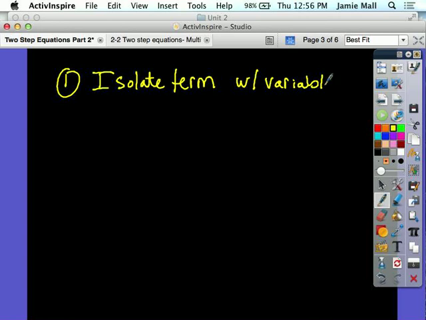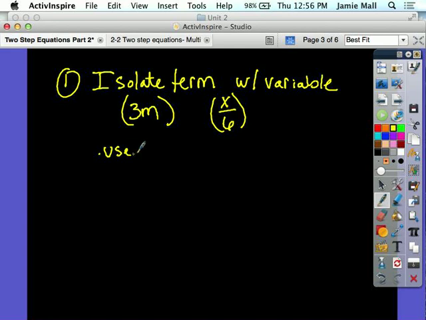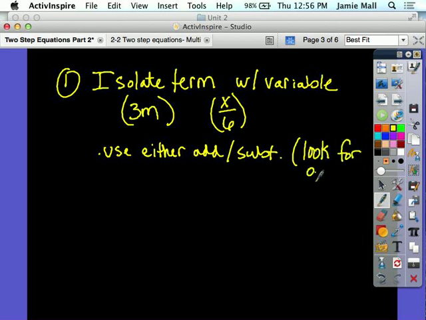So we want to get the term with the variable. That means that we may, like yesterday, want to get a 3m by itself, or we may want to get an x over 6 by itself. We're looking at the term that contains the variable. Okay? We're going to do that by using either the addition property of equality or the subtraction property of equality, depending on what's going to give us opposites. So we want to make sure that we're looking for zero pairs, otherwise known as opposites.